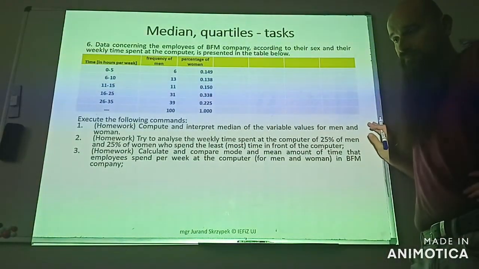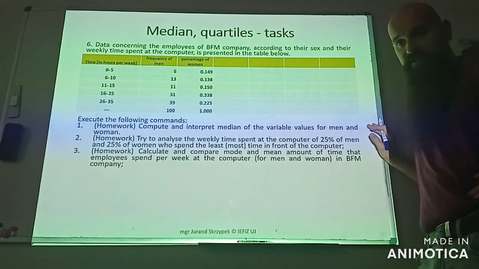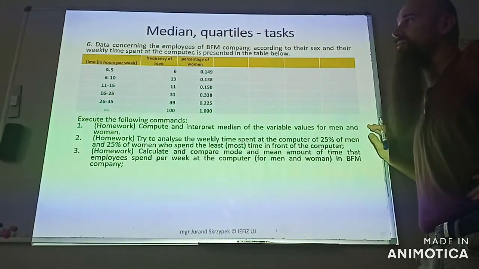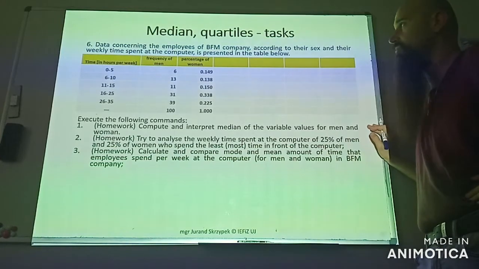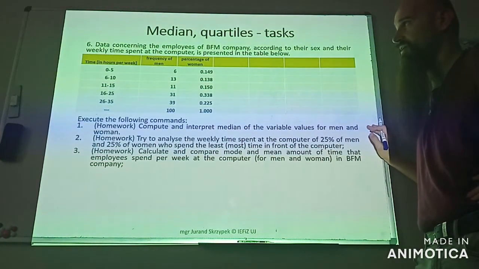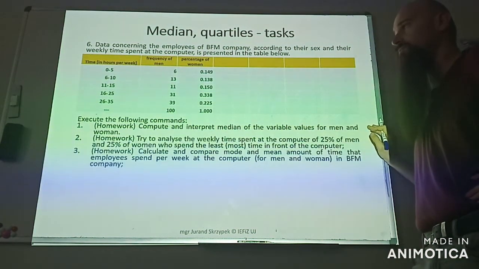Finally, here we have the penultimate task in this section. Data concerning the employees of business and finance management company according to their sex and their weekly time spent at the computer is presented in the table below.